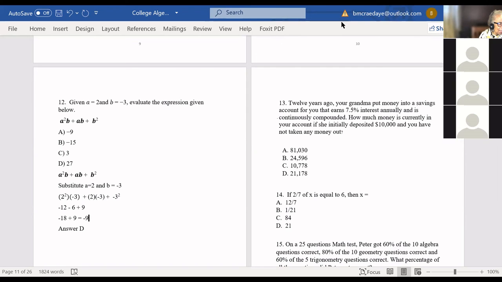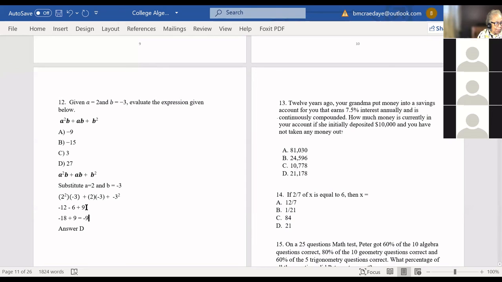Did you get a plus 18? See, the 2 to the second is 4 times a negative 3 gives you a negative 12. Then a 2 times a negative 3 gives you a negative 6, right? And then a minus 3 times a minus 3, minus times minus is plus.